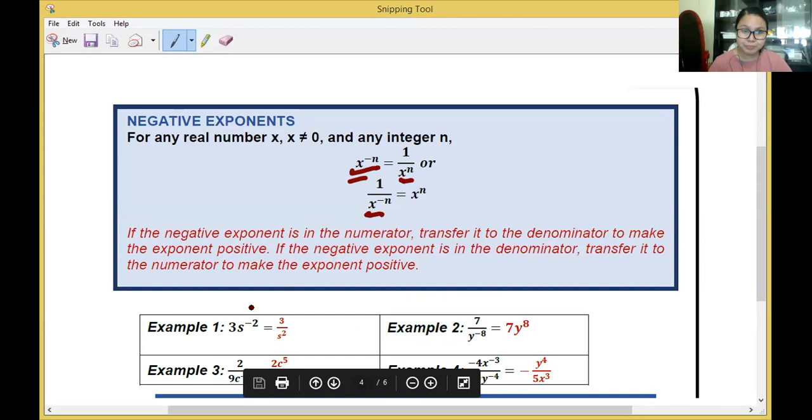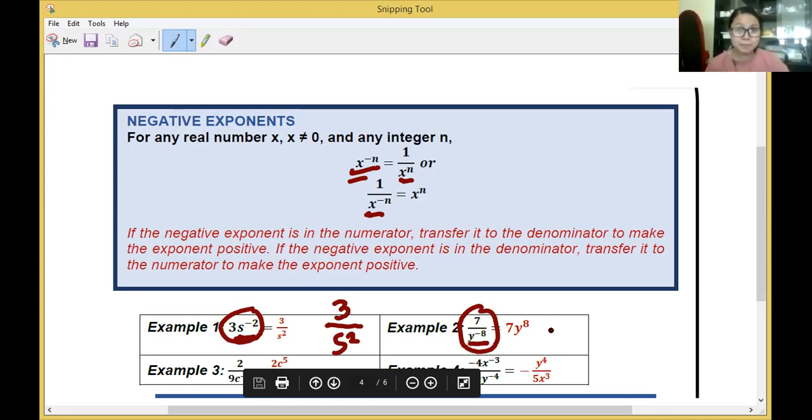For example, this one. Only s has a negative exponent, so 3 will stay. And since this is in the numerator, we transfer it down. That becomes s squared. In the next one, the negative exponent is in the denominator.